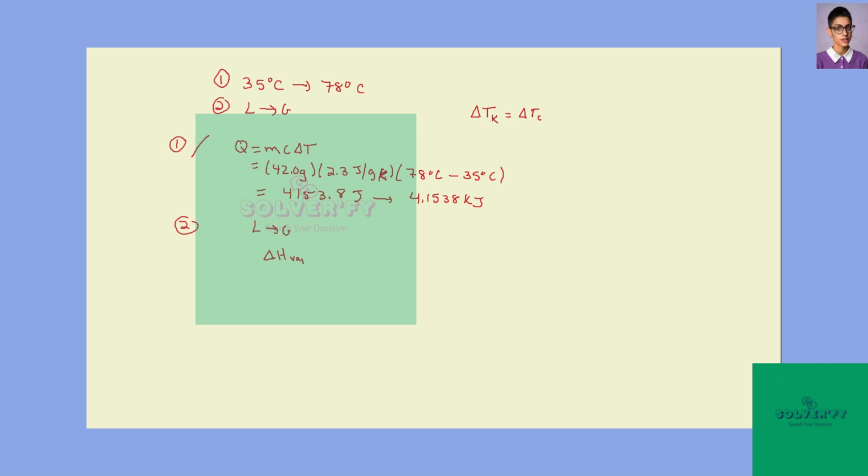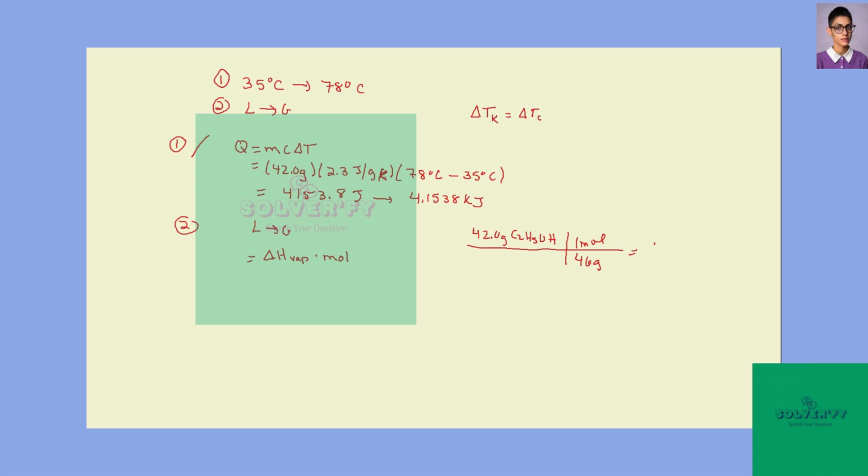So we're going to need to take that and multiply the amount of heat times the moles. So I need to convert my substance to moles. So I have 42.0 grams of my ethanol, that's C2H5OH, and I need to convert it to moles. So 1 mole of my substance, and the molar mass is 46 grams.